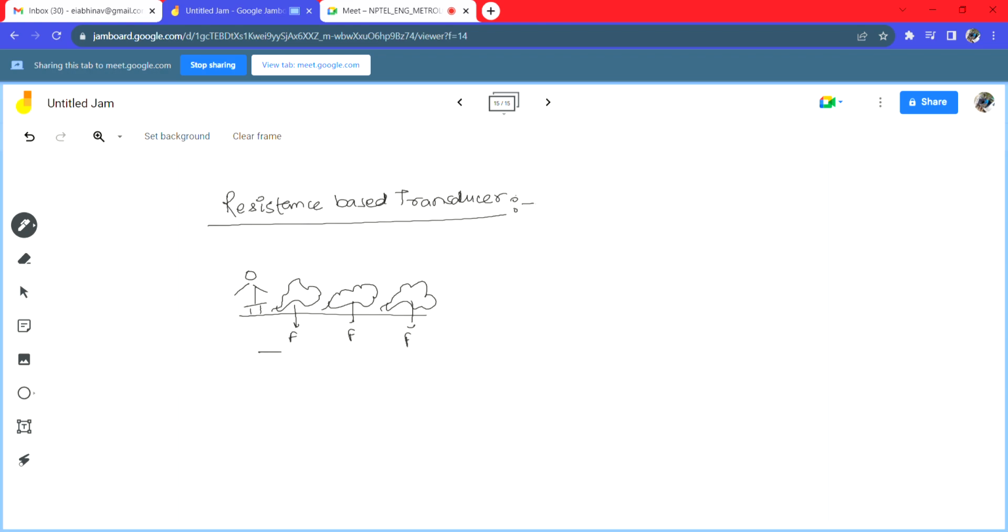And while he exerts this force on the ground, there is a reaction force that is being exerted back on the body.